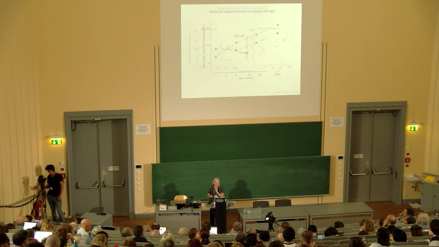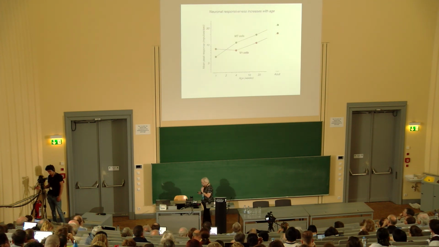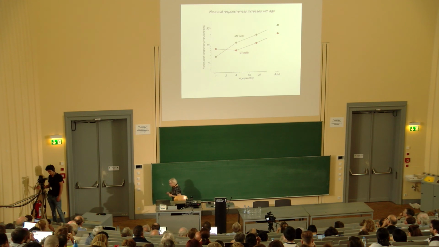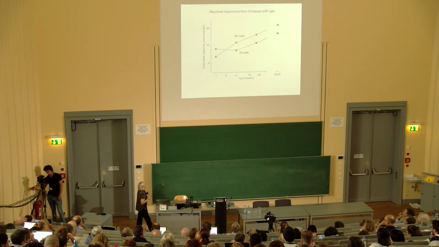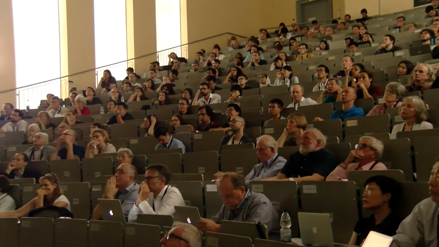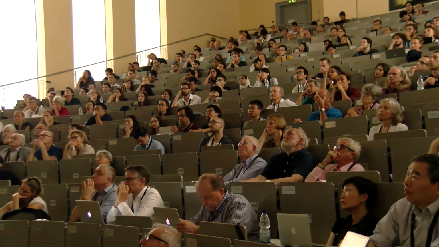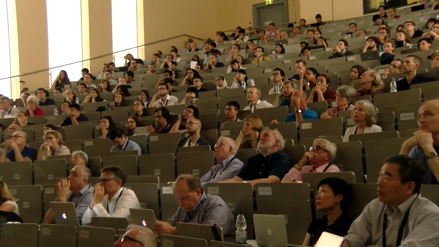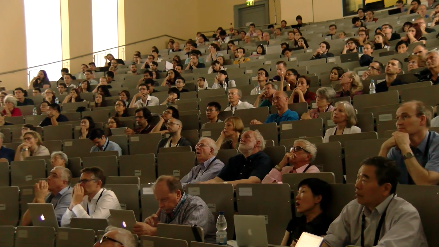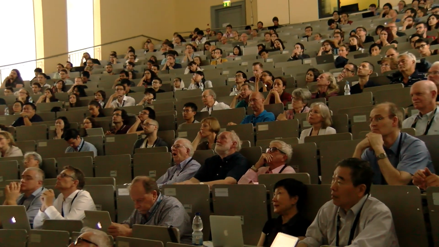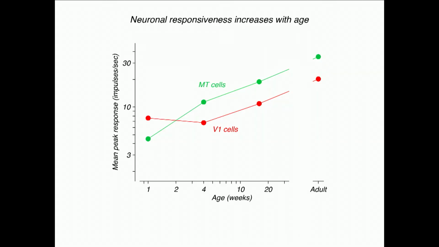So what happens at the level of MT? A number of things change as a function of age. These are data recorded from neurons in infant monkey MT as a function of age at the ages indicated here, 1 week, 2 weeks, and I think 12 weeks, and then adults. And what I'm showing you here is that response measure that I mentioned earlier.